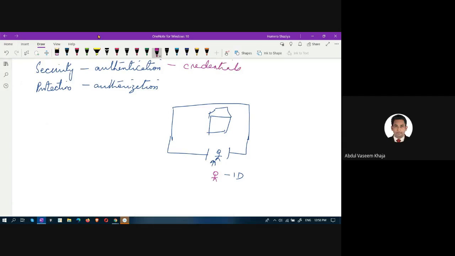That is security. Once I enter the college, what are my limits, my rights, my privileges, and what are the permissions for a student?